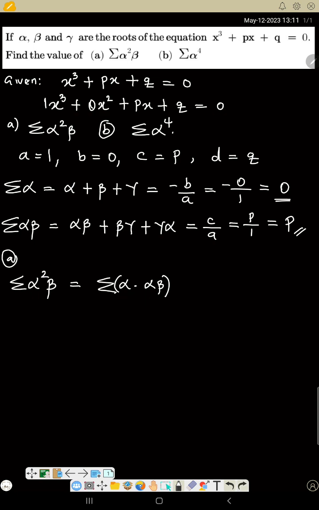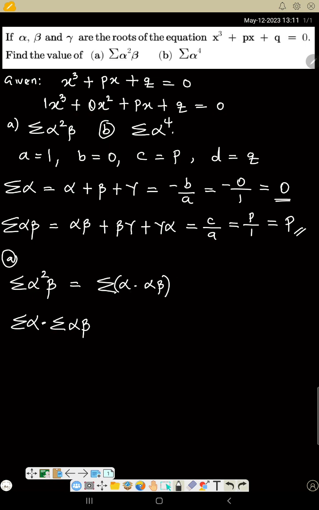So this can be summation alpha times summation alpha beta.